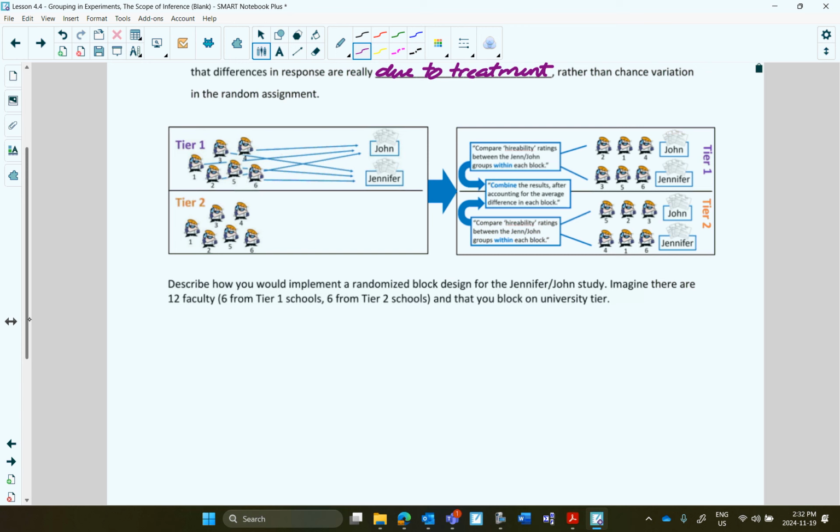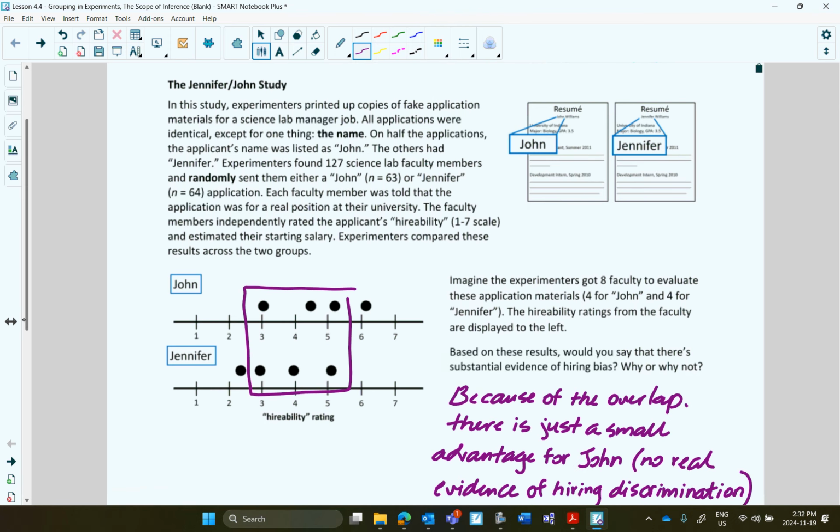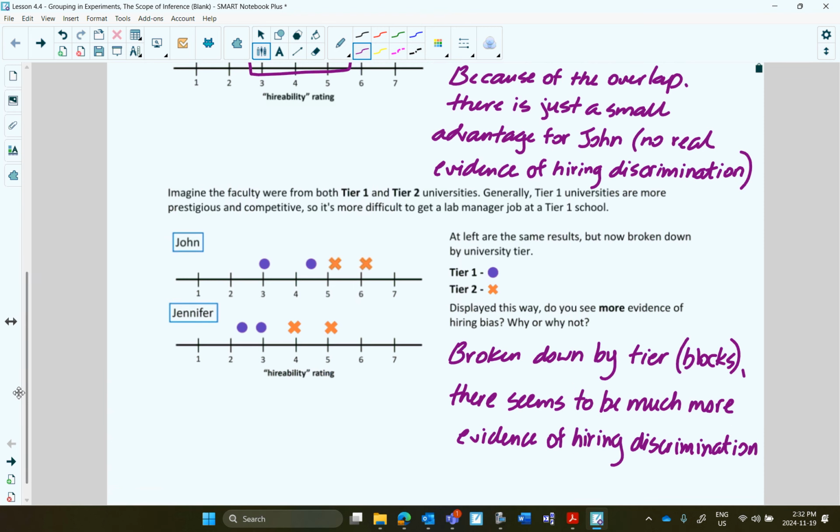Is John getting favored over Jennifer, or perhaps the reverse? Who knows? And then I want to combine the results and compare them. So when we do all this, we're going to get the combined results like we did here, and then we're going to get it broken down by tiers like we did here.